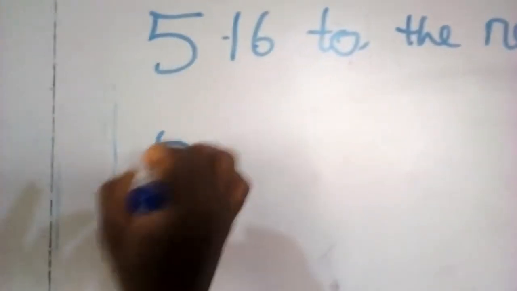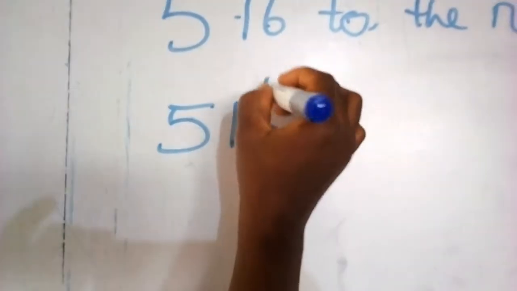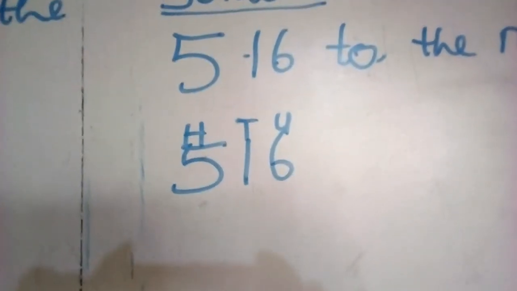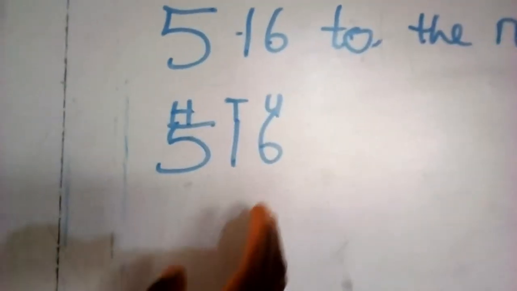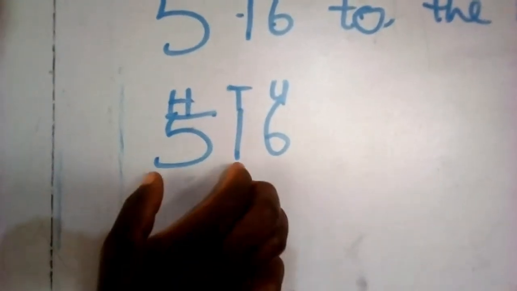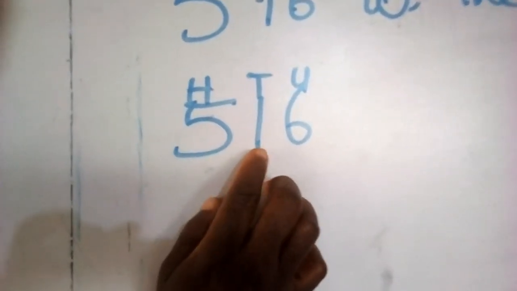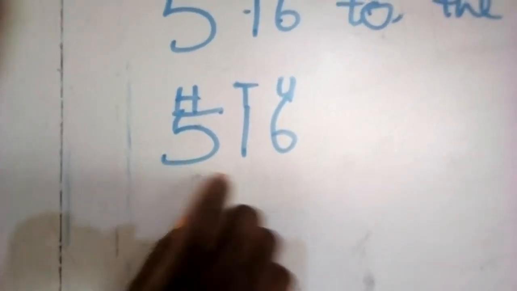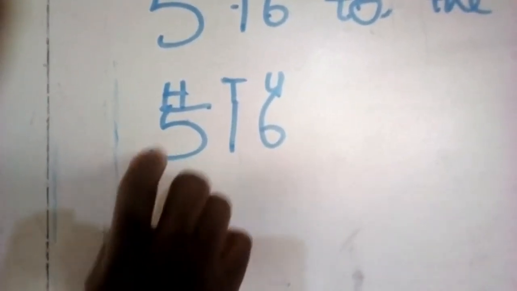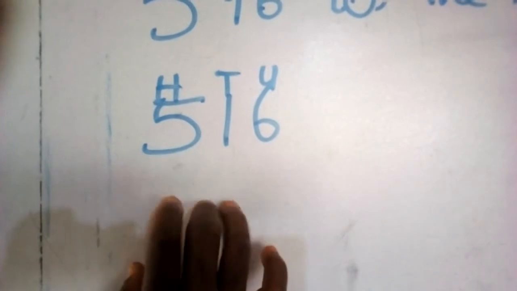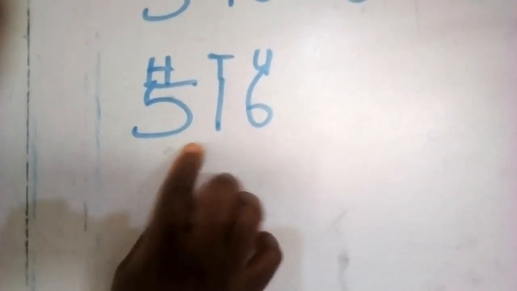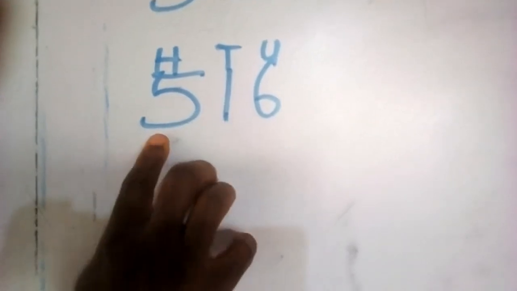We place our values: unit, tens, and hundred. Here, we are not looking at the unit. What we are concentrating on is our tens and hundred. We want to increase the hundred. We are rounding off to the nearest 100. So the numbers we are concentrating on are 1 and 6.